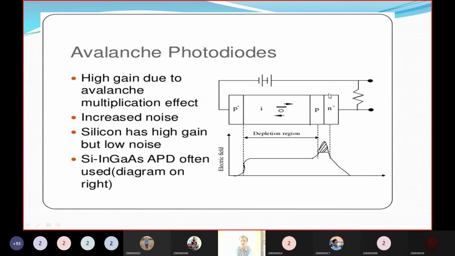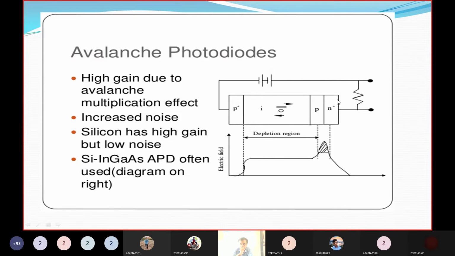This fast moving electron collides with another electron and that electron is released, and the released electrons again collide with the surrounding electrons, and so on. So at a time, many more electrons will be released here. This is the working principle.